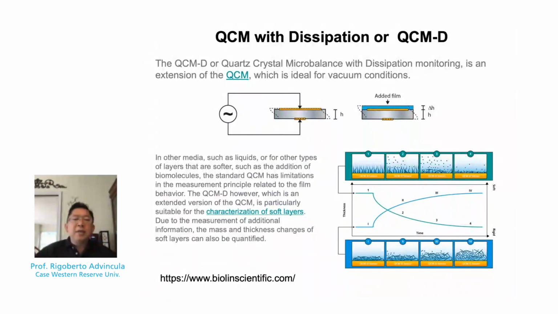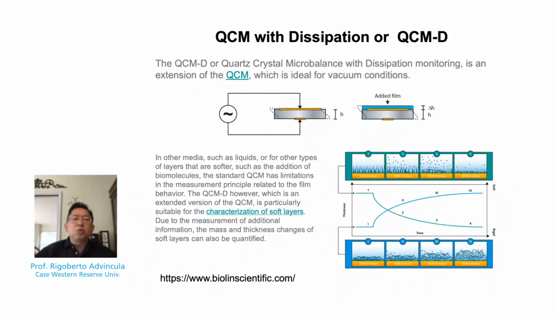And by observing the character of that dissipation, one can actually monitor changes in the dielectric thickness and viscoelastic behavior, and even more sensitively, QCMD can be used to characterize the viscoelastic nature of the deposited film.